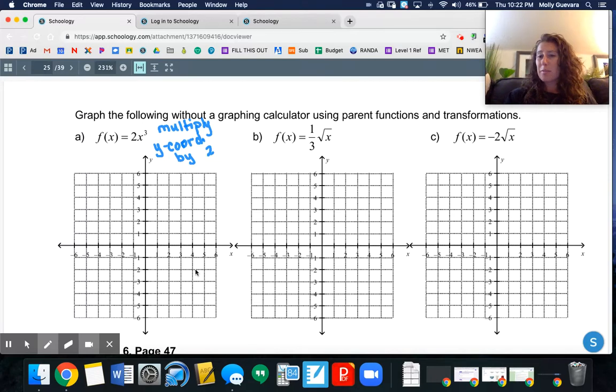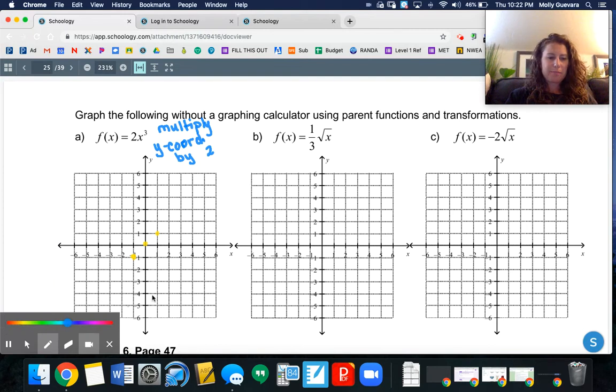So we're just going to multiply all the y coordinates by 2. And the function is x cubed, right? So remember that the original x cubed function does this. And then it connects. Right, so it goes through -1, 1, 0, 1, 1.